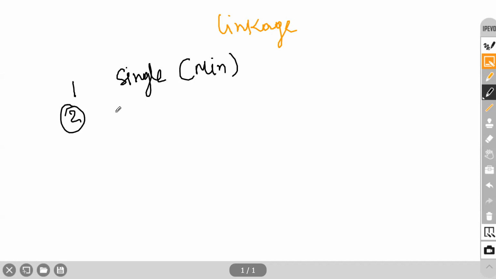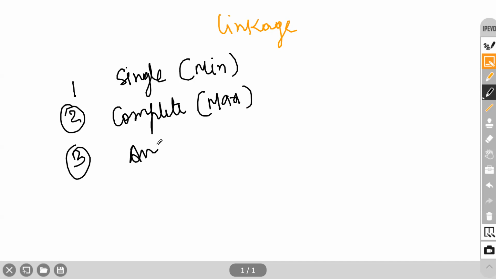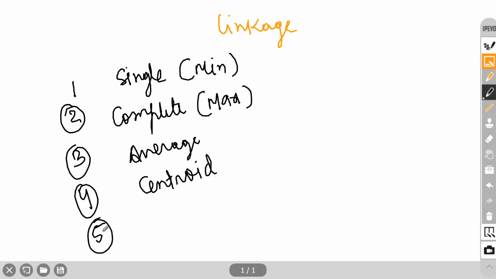There is something called complete, which is also called max. Then there is average linkage, so average is average. Fourth is called centroid. Fifth is called Ward's. There could be others also, but let's see these only, by which we will be able to understand it.